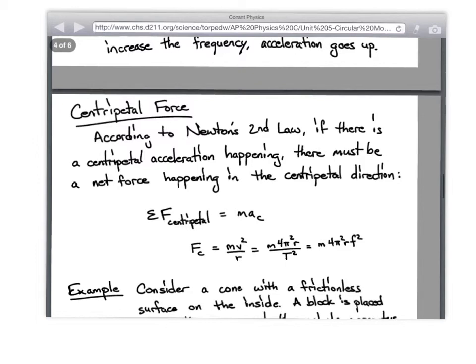You've got F equals m v squared over r. Or you can do F equals m 4 pi squared r over t squared. Or you can do F equals m 4 pi squared r f squared. Or you can do F equals m r omega squared.